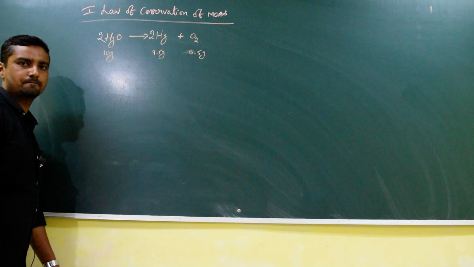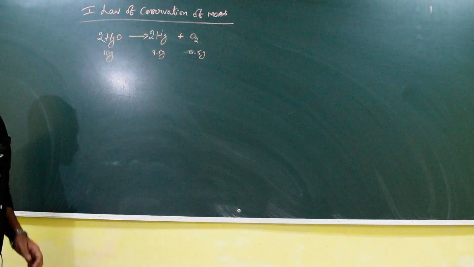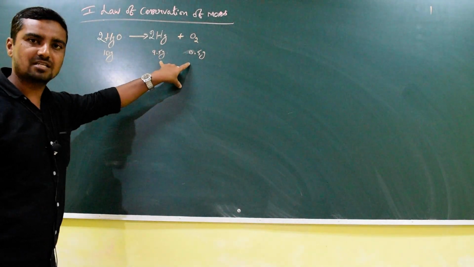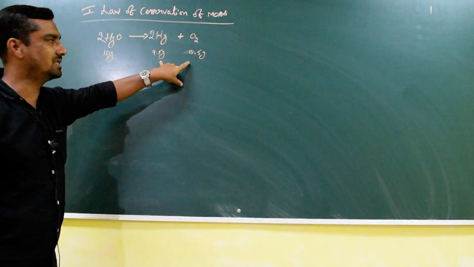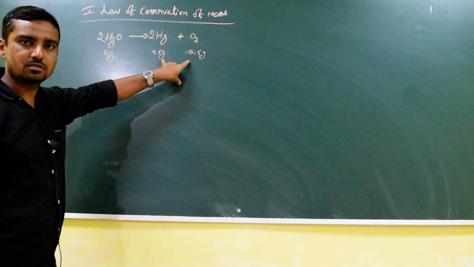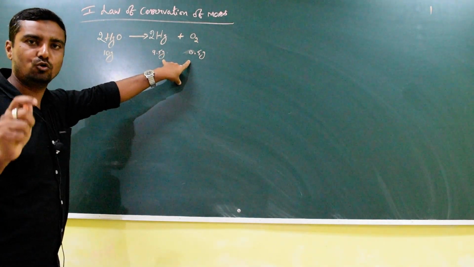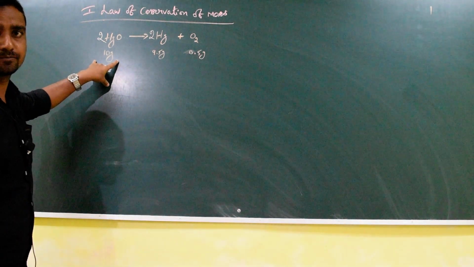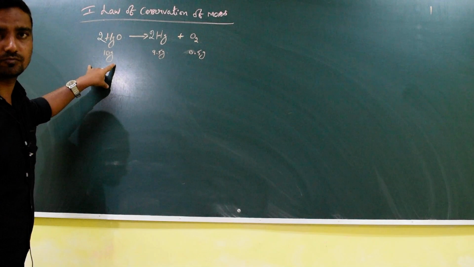The sum of the mass of the products, combining the mercury and oxygen, is found to be the same as the sum of the mass of the reactants. That is the law of conservation of mass.